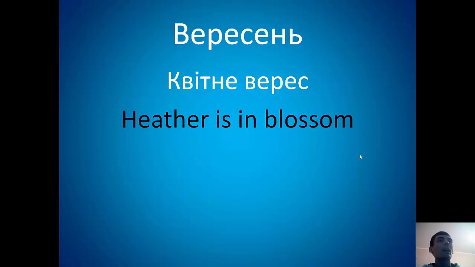September means that all vacations are finished and people have to go to school or to university or to work. If you are planning to come to Ukraine to study, that's exactly the month when you're going to start, because any kind of studying will start in September.